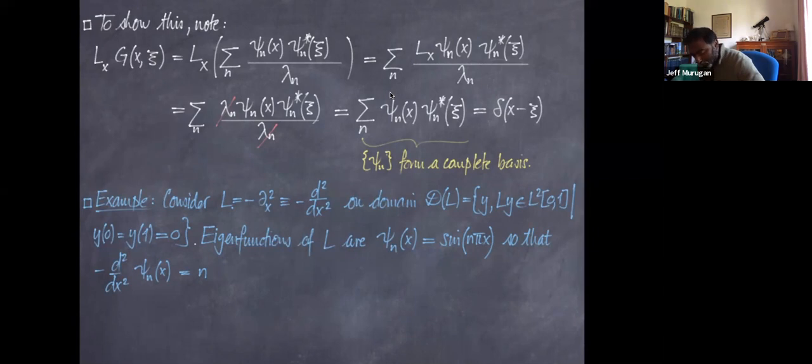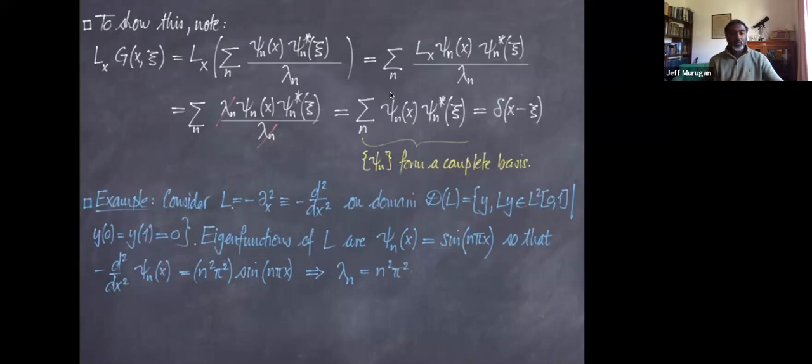So effectively, I'm going to get just n squared pi squared times sine of n pi x, which implies that the eigenvalues for this eigenvalue problem, lambda n, is just n squared pi squared.